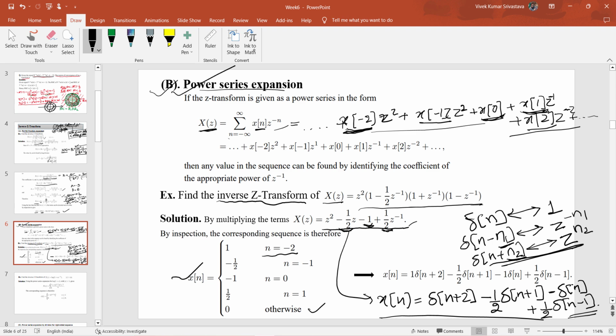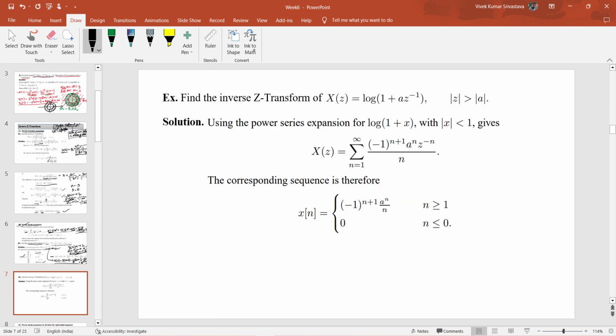Here is one more example. This x of z is given to us, that is log of 1 plus a z raised to the power minus 1. For this z transform we have to determine the inverse z transform.